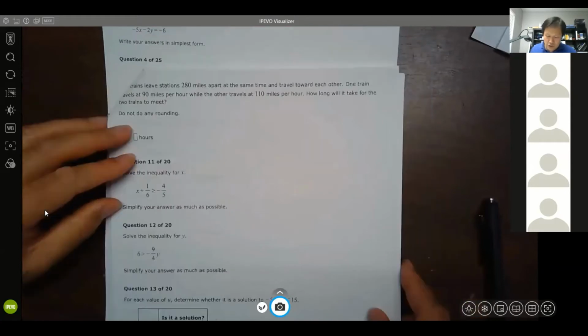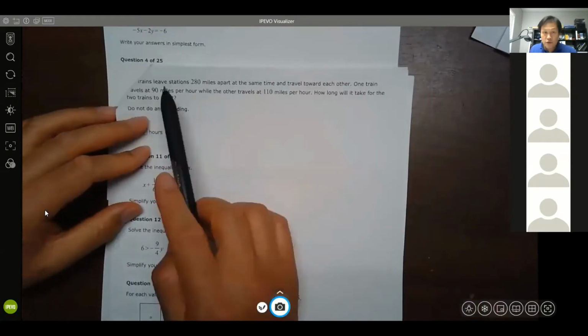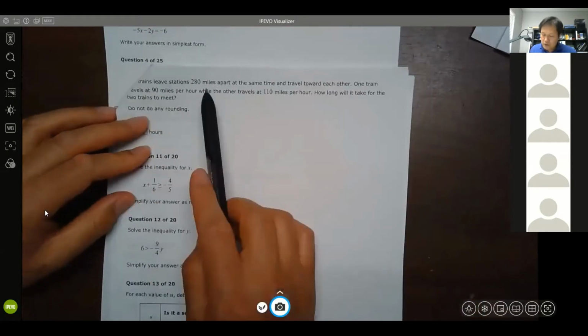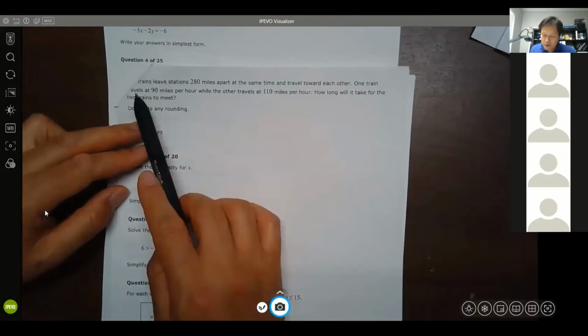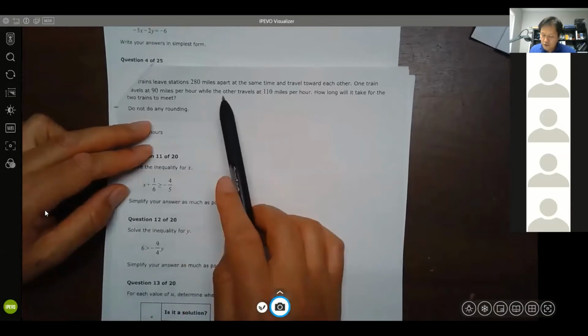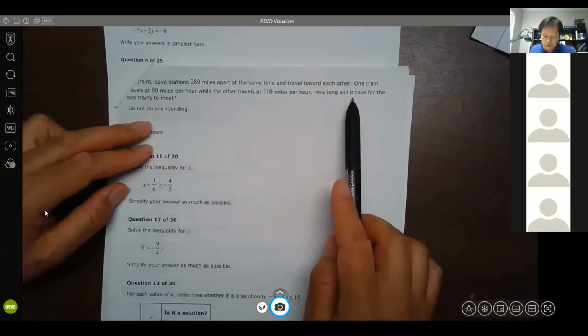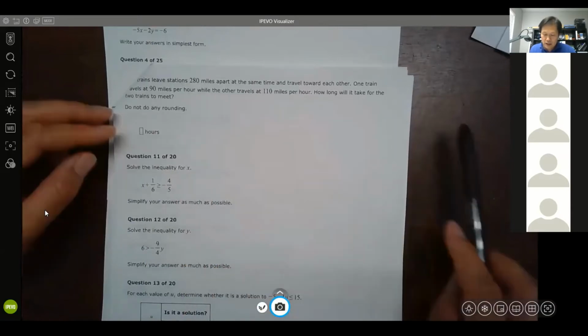So next question. Two trains leave stations 280 miles apart at the same time and travel toward each other. One train travels at 90 miles per hour. The other train travels at 110 miles per hour. How long? Okay, well, that's not that easy.